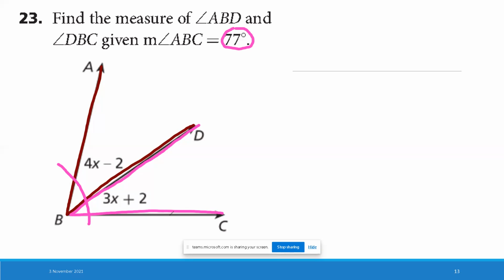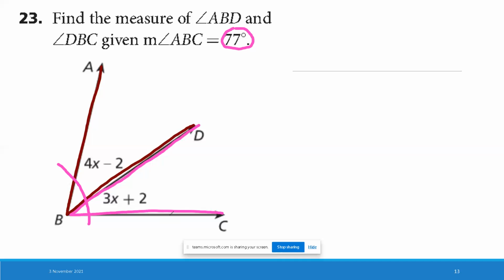Okay, how can I start? Who can give me the idea? Yes, can you come to the microphone and tell me? So what do you have to do? 4x minus 2 plus what equals what? 77.